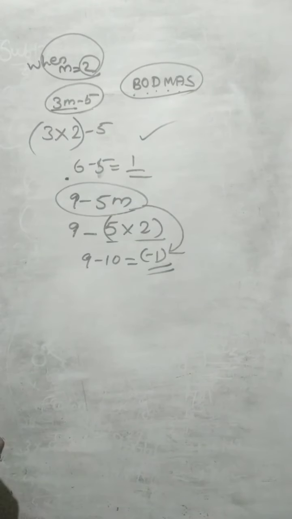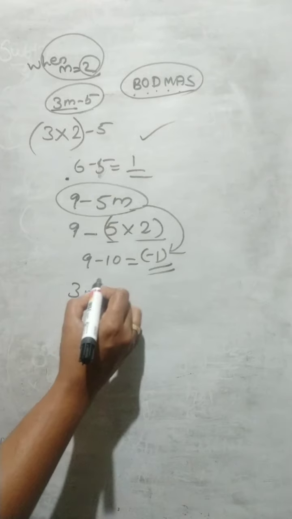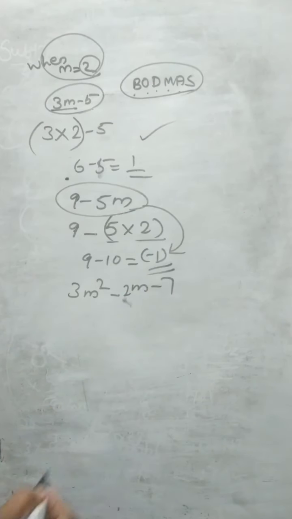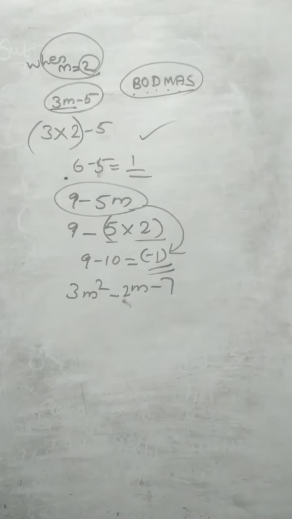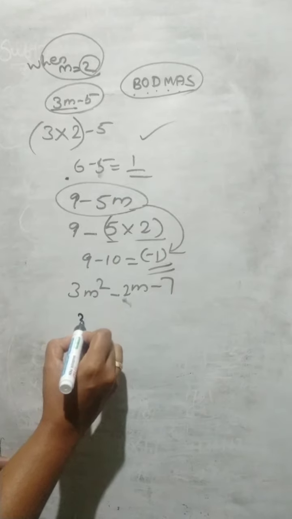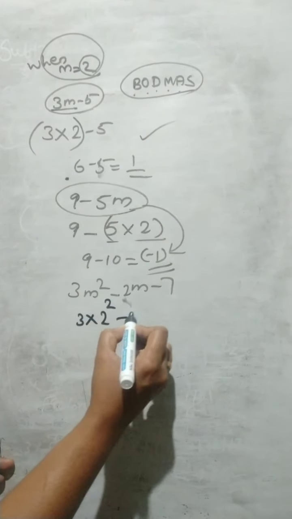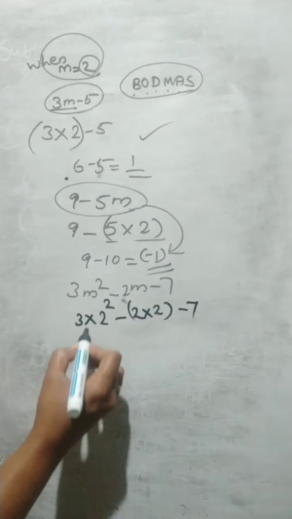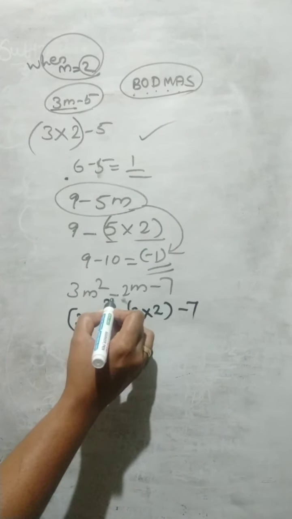Okay, next question is 3m squared minus 2m minus 7. Here 3m squared, that is 3 times 2 squared minus 2 times 2 minus 7. Okay, 3 times 2 squared.